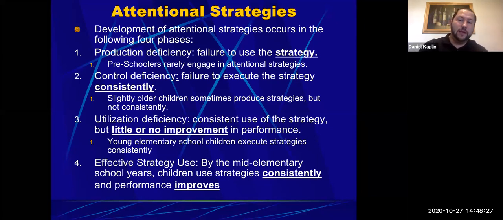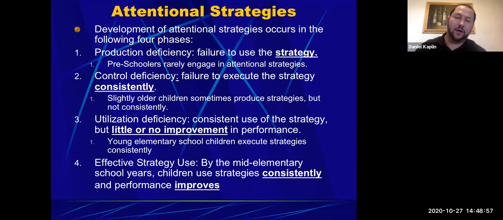And then you have the utilization deficiency, which is they're consistent in using strategies for attention, but we're not seeing large improvement in performance. So this might be your elementary school, early elementary school years. And then ultimately, we have the destination, which is the final point, effective strategy use.